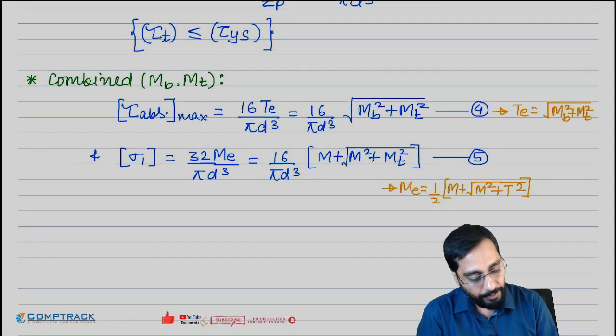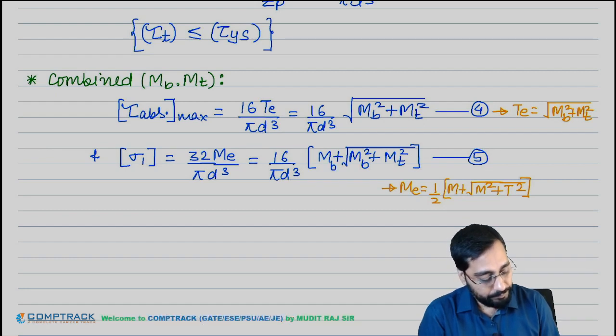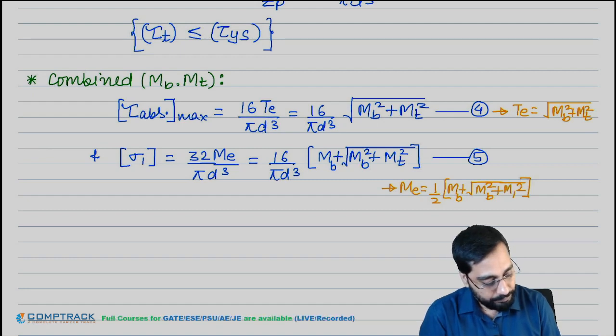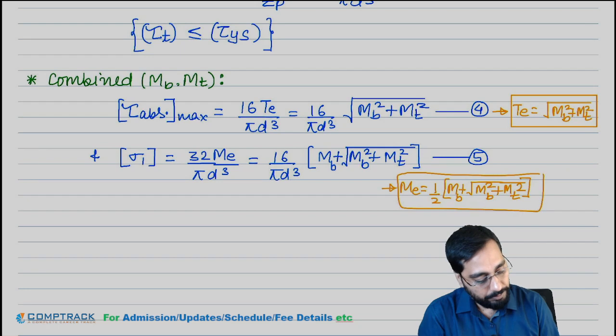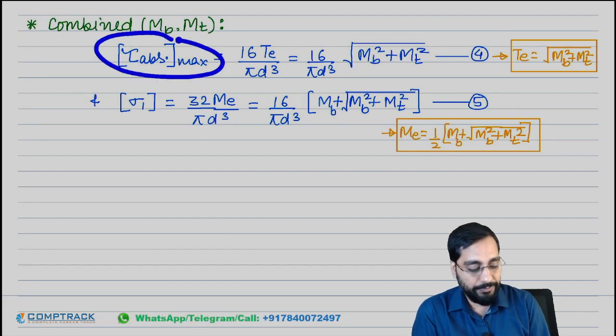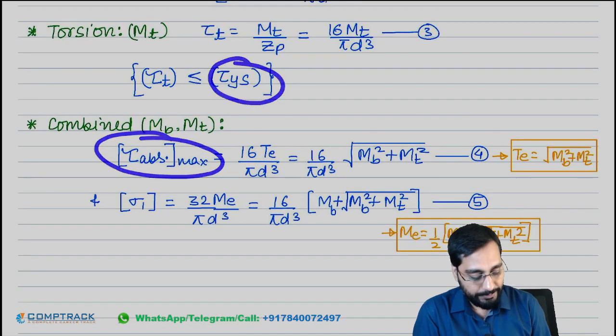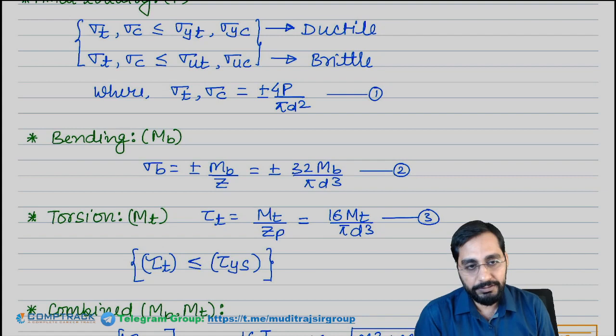Okay, M is actually Mb and T is equal to Mt. Notation, you will understand? We have already written this in strength of material. So in this case, this must be within limit tau ys, and this must be within limit sigma yt or yc. Yes or no?